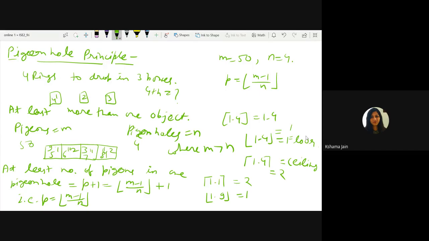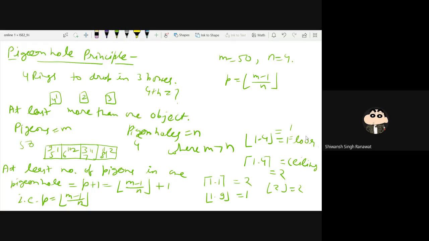Clear on this? These are the two functions, floor and ceiling functions. Any doubt in these? If it is a complete number, then no issue. If, for example, it is 2, then obviously it would be equal to the integer. Ultimately, we need an integer. Any doubt in this? What is floor and ceiling?